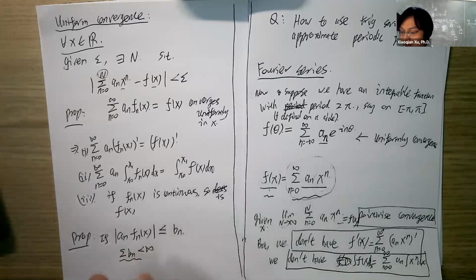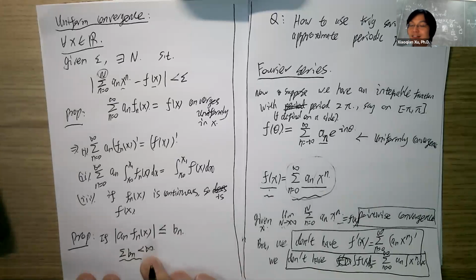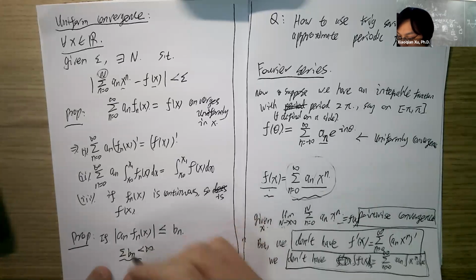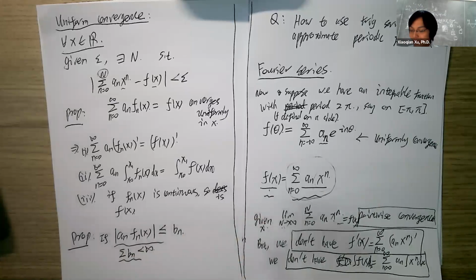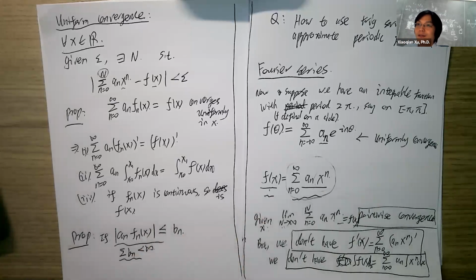Because you know that this number sequence is summable. And that means after a lot of terms, the tail of the sequence is very small. Now, if this can be seen as an upper bound, then of course the rest of these functions, after a lot of terms, are uniformly very small.